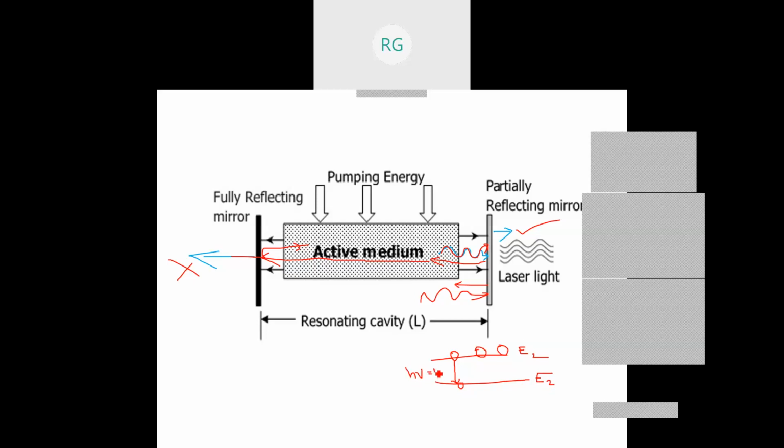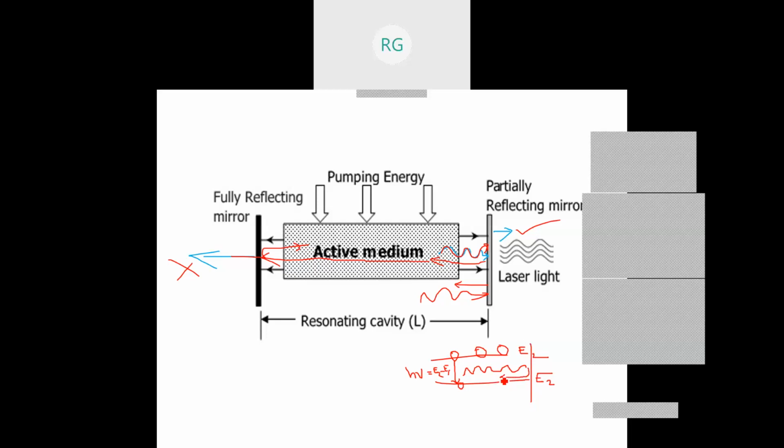But remember, this is a spontaneously emitted photon whose energy is E2 minus E1. This spontaneously emitted photon comes here, where I kept a mirror, and it gets reflected back. While coming back, it will have a frequency nu.